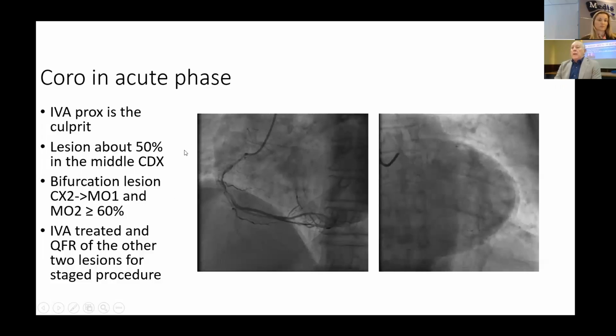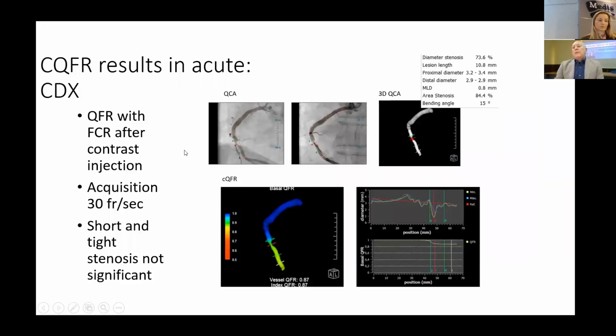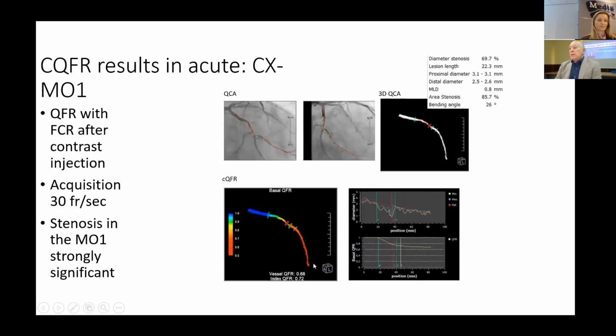Okay. This is the QFR in the acute phase, the right coronary artery. There is a tight stenosis here, but the QFR was negative. This is the marginal branch, strongly positive. This first bifurcation, first branch. The second branch was negative.